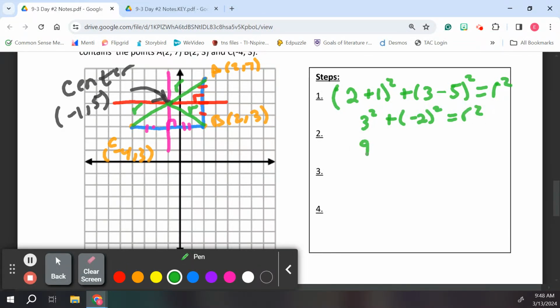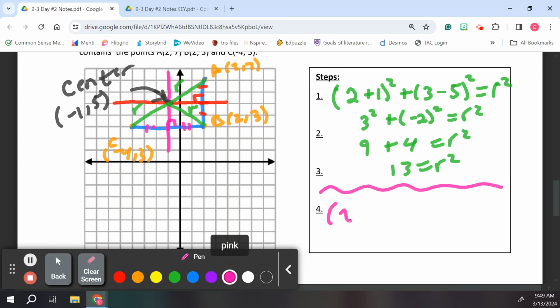So this is 9 plus 4 equals r squared. So we get 13. If we want the radius, take the square root of each side. It's the square root of 13. So now our equation is x plus 1 squared plus y minus 5 squared equals 13.